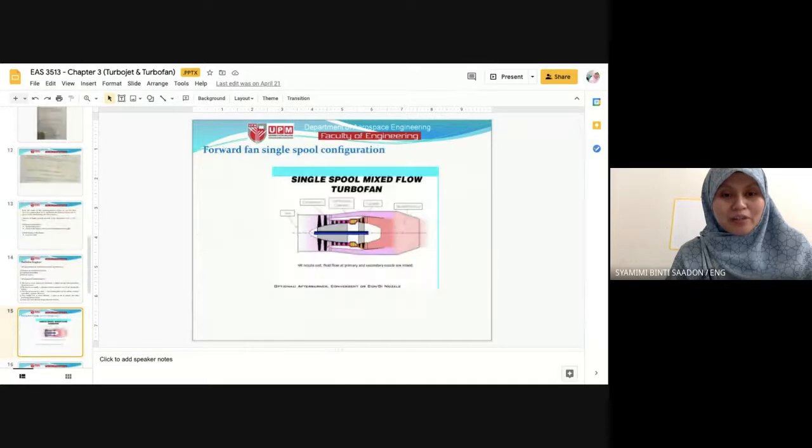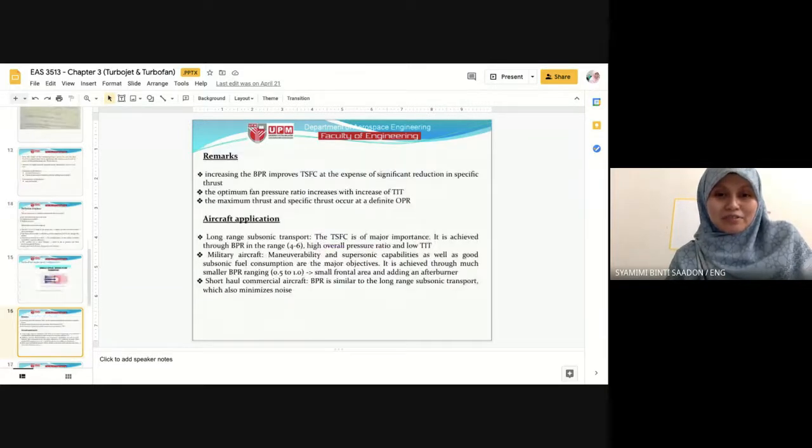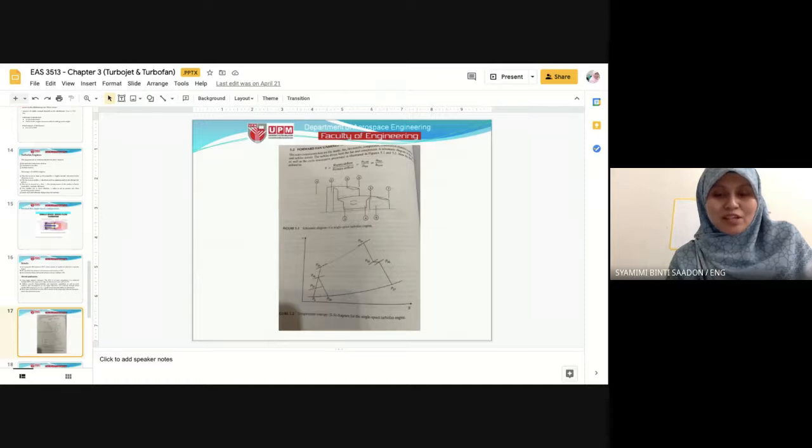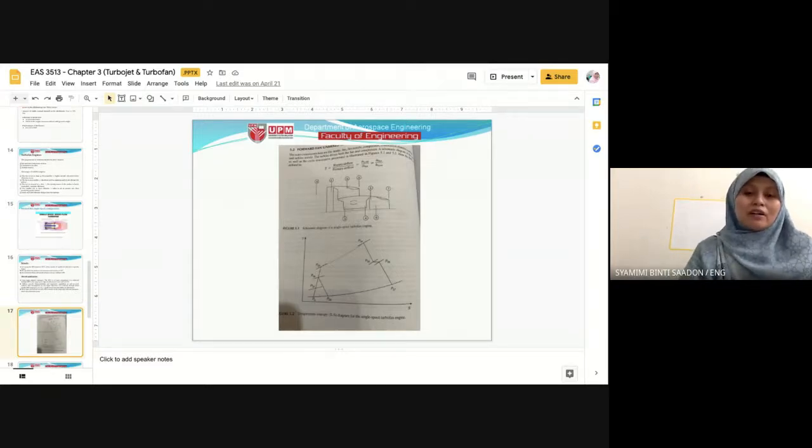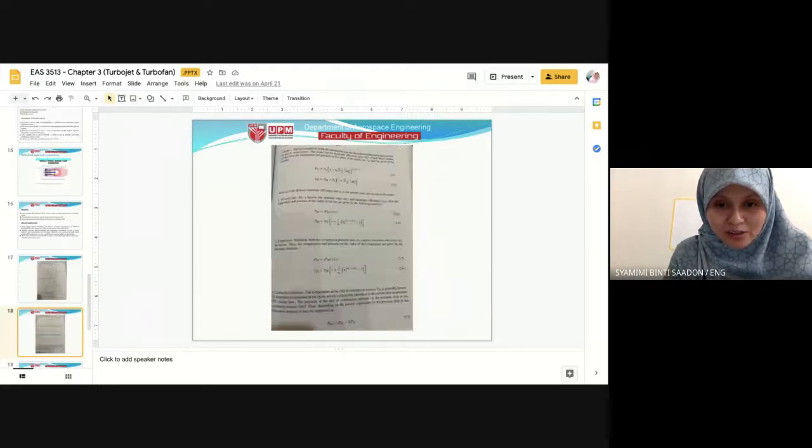Okay, and then I have shown you the turbofan engine. The same as in turbofan, you have these cycle points, the thermodynamic TS diagram.